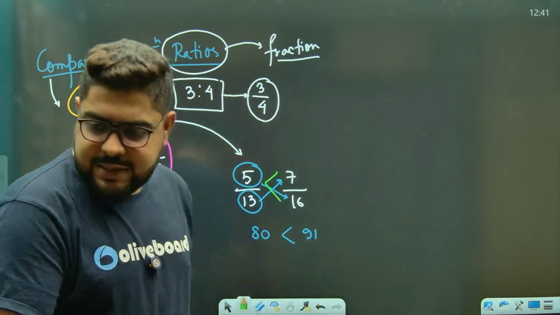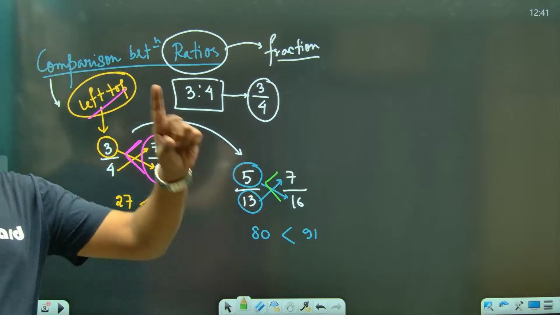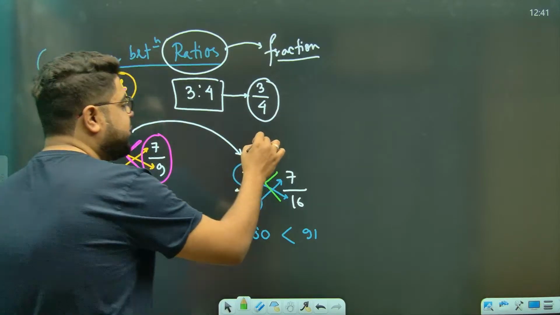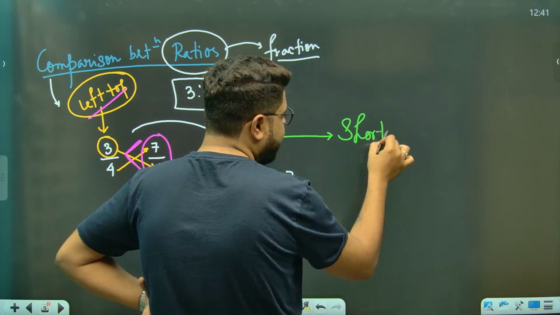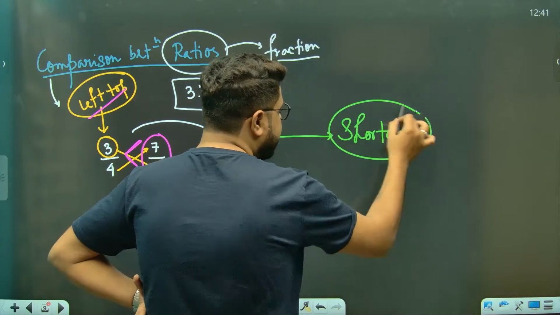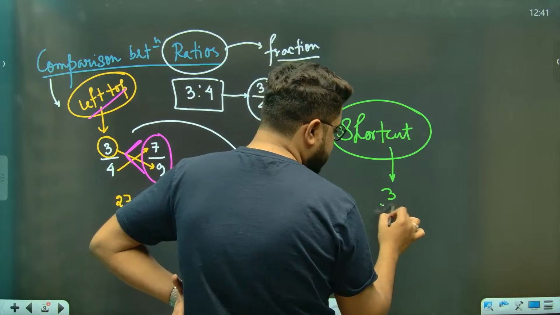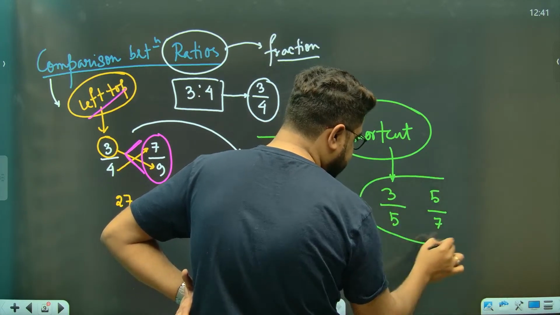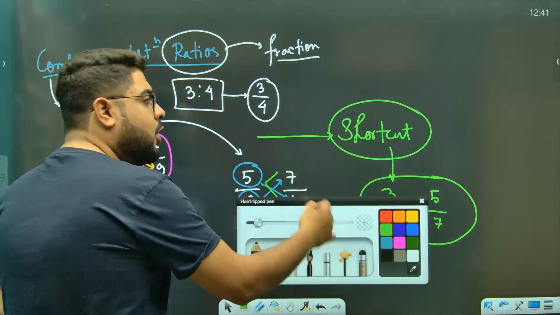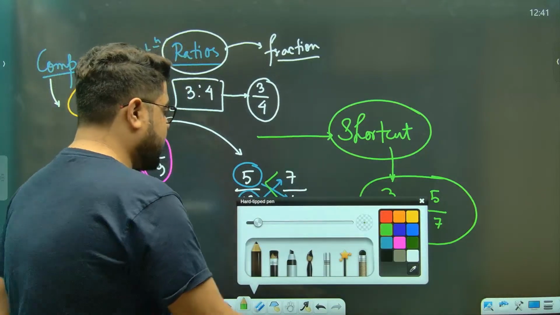Perfect? Now, another very important shortcut, let me give you. A very, very useful shortcut. If I ask you 3 by 5 and 5 by 7, which one is greater? You do not need to do all that.